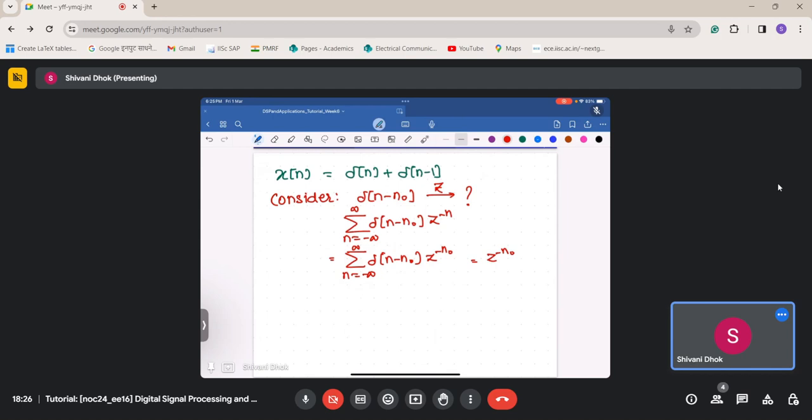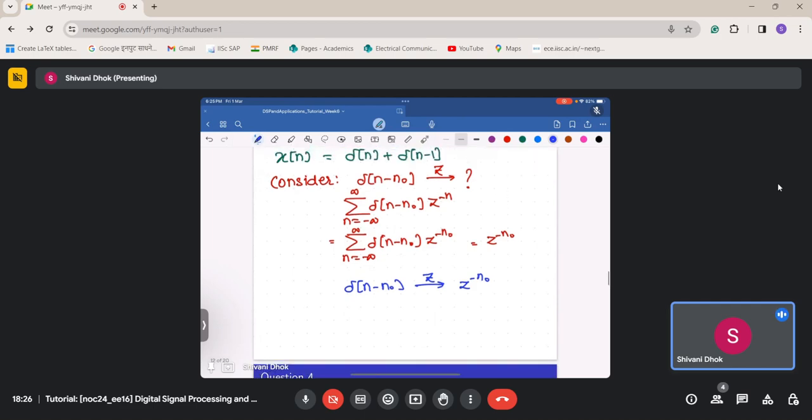So we know delta n minus n naught has a z transform of z to the power minus n naught. If my x of n is delta n plus delta n minus 1, then comparing with delta n minus n naught, my n naught value is 0 for the first term, so I get 1.